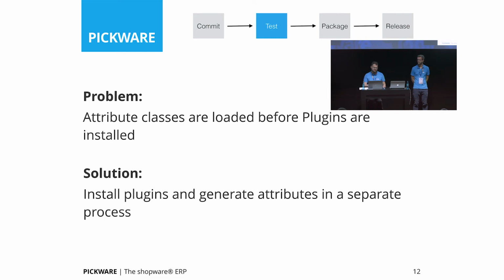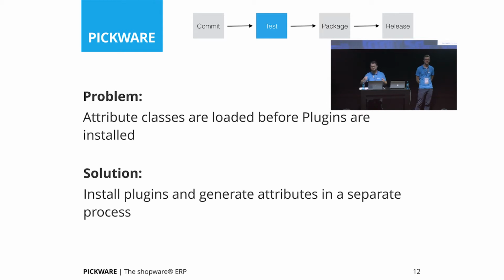Then there's another very specific case, which was problematic for us because we have plugins that depend on each other. For example, when we want to write tests for Pickware Mobile, we have to be sure that Pickware ERP is installed first. So we have our testing framework install those plugins and then run the tests. But the problem is when you install a plugin, the first thing you do is usually instantiate the model manager. Then the model manager will load the classes for the attributes.